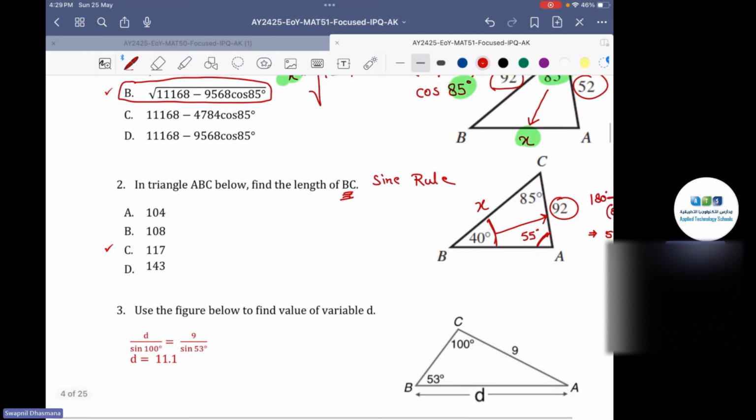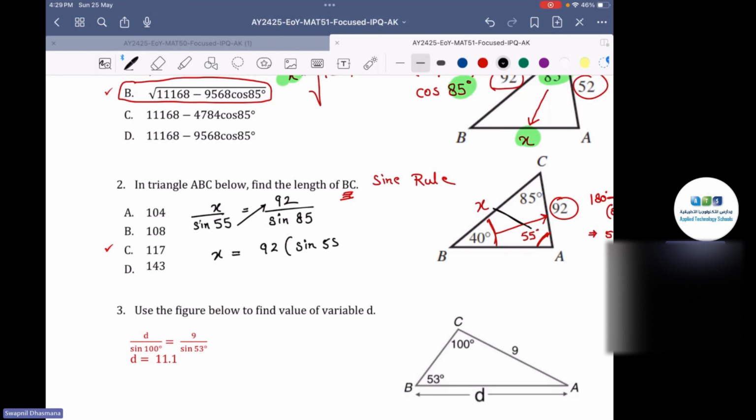Now you can use the sine rule. As you have to find x, keep the sides at the top. So with x, you have to take sine 55. And for 92, you will write sine 85. When you solve it on the calculator, make sure it's in degrees mode. You will get approximately 117.